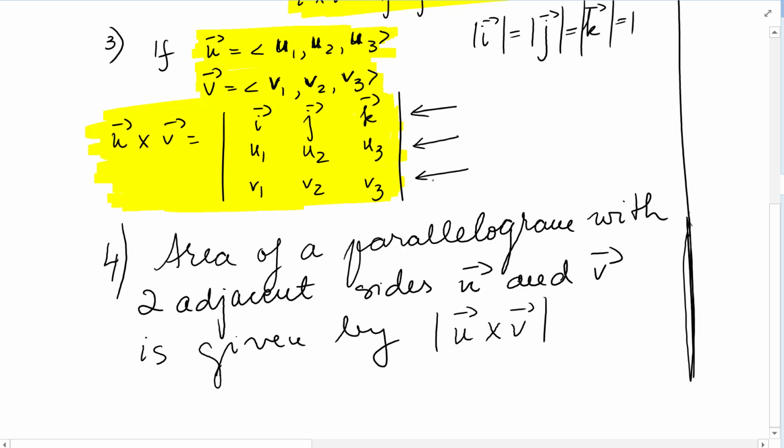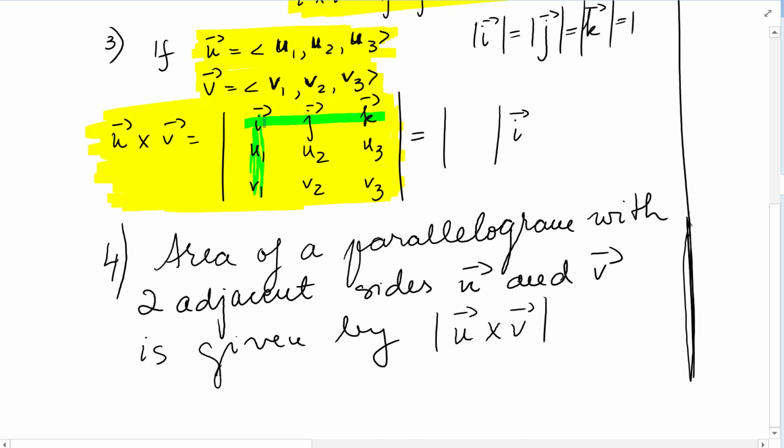Calculating this determinant, if you remember some rules of calculating determinants, we get i times the determinant made when we cross out the row and column of i.